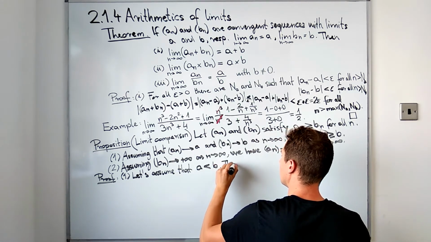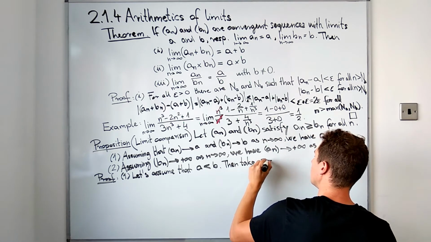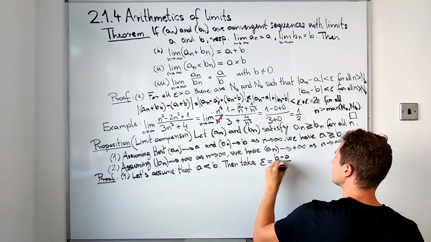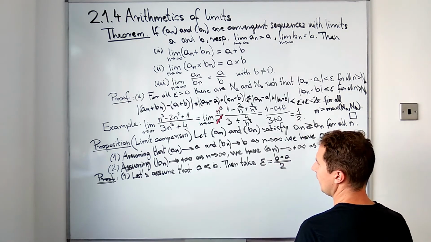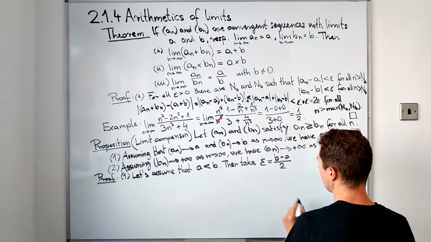Then take epsilon to be half the distance between B and A. Now B is assumed to be the greater number, so B minus A is positive.